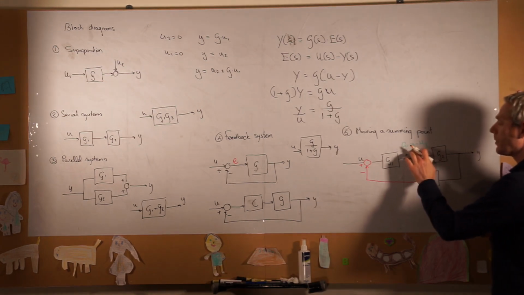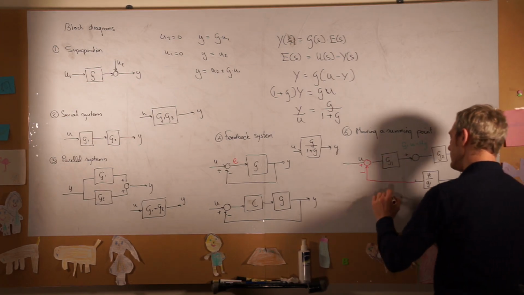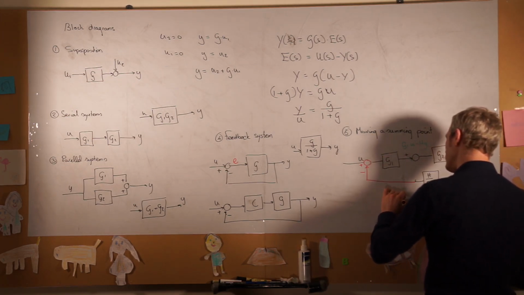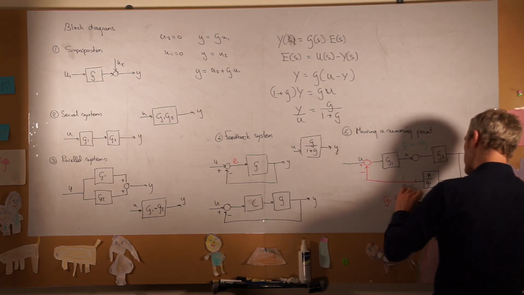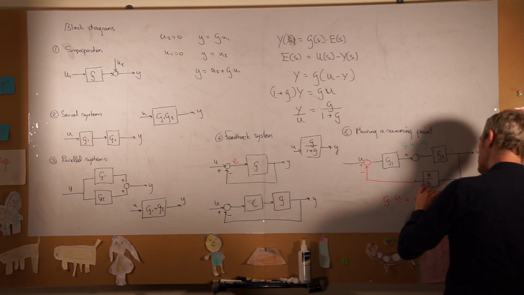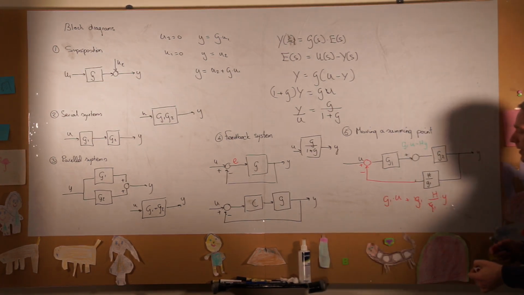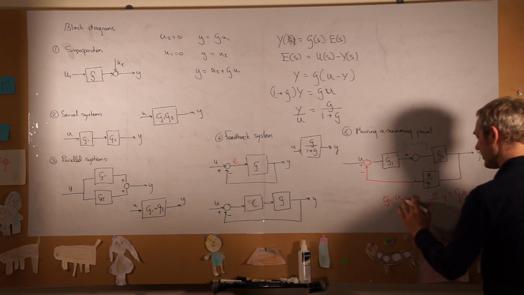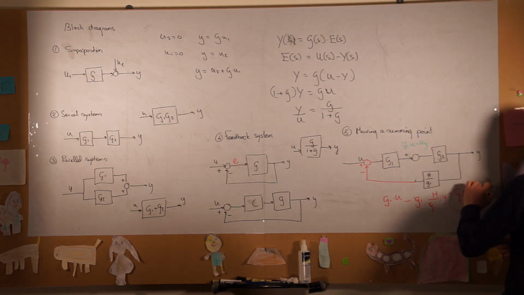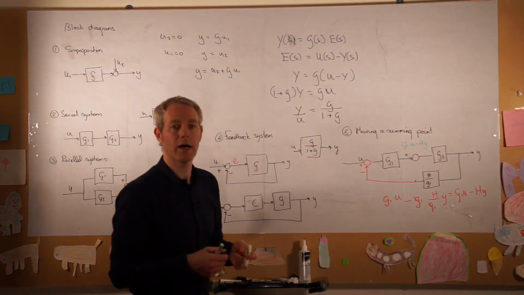In the previous version we were left with this, and what we have now is that we still have our G1 times U, but now we have plus G1 times H over G1 times Y. You see that the G1 here and the G1 there cancel out, and we're left with G1 U, I forgot a minus there, minus H times Y. So it's now an equivalent system, but I have moved my summing point.